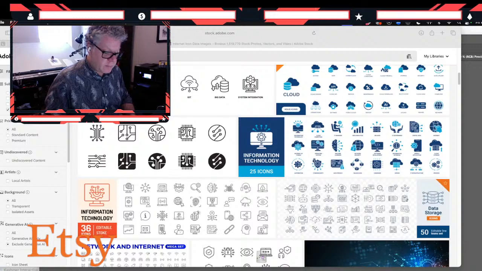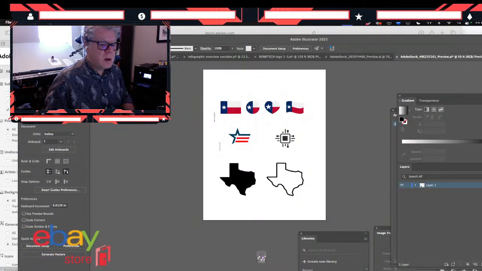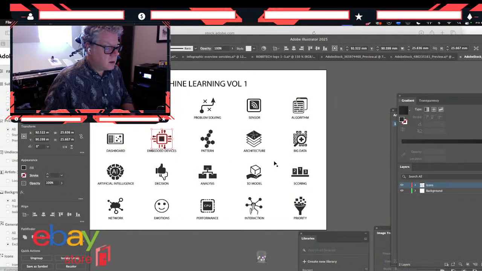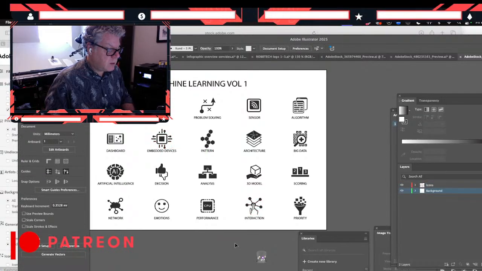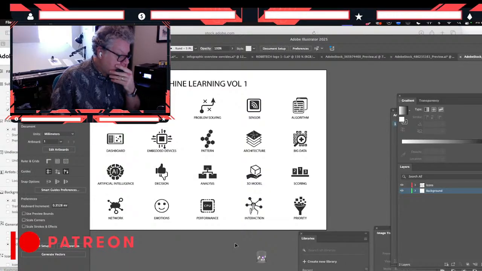Let's see what else we have for technology imagery. I mean, that's kind of cool. I don't think the hand really works so well.